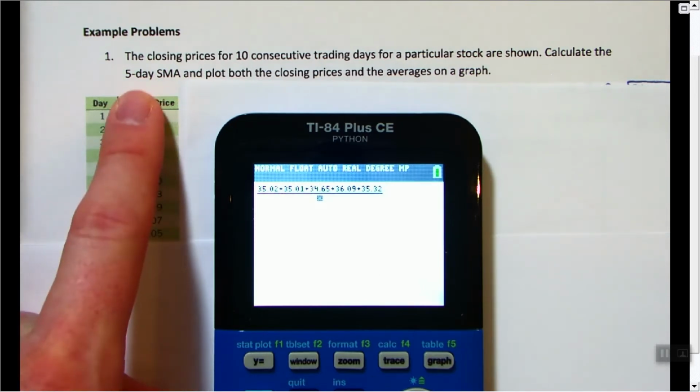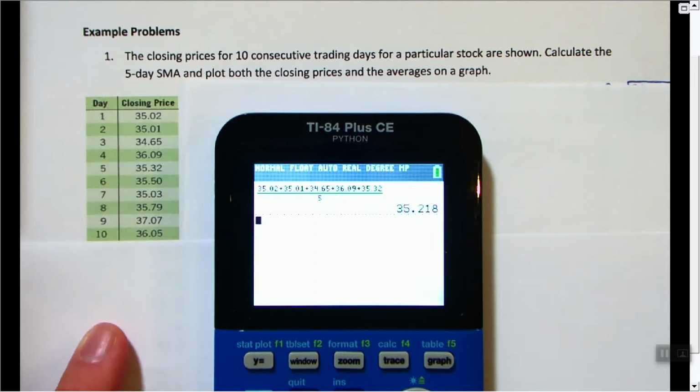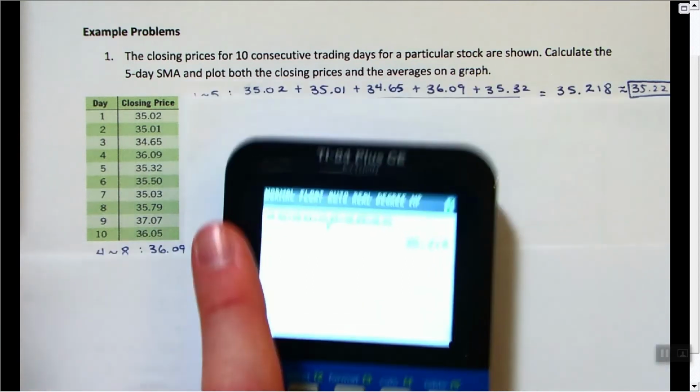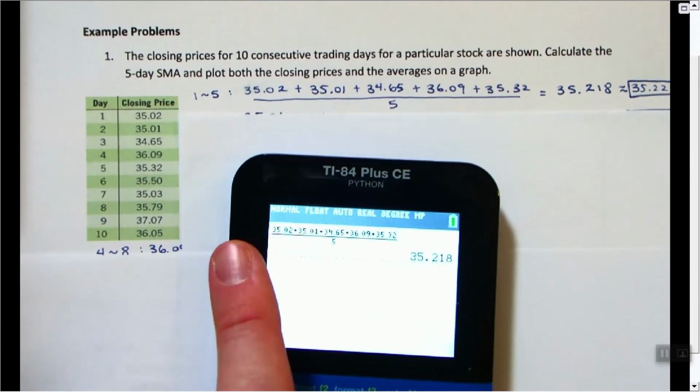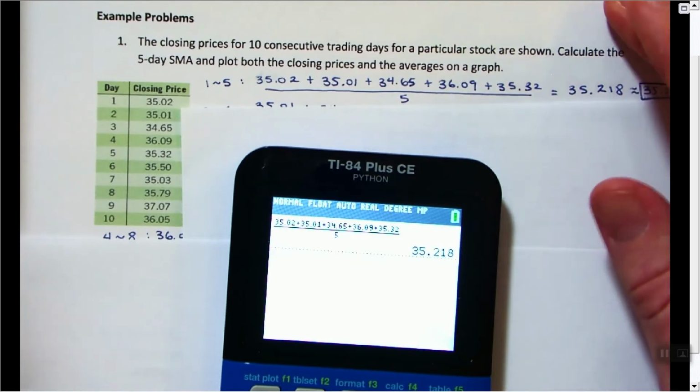It's a 5-day average, so divided by 5. That gives me my 5-day average, which is right here. I'll indicate that as days 1 to 5.